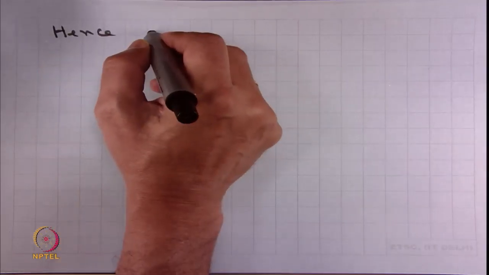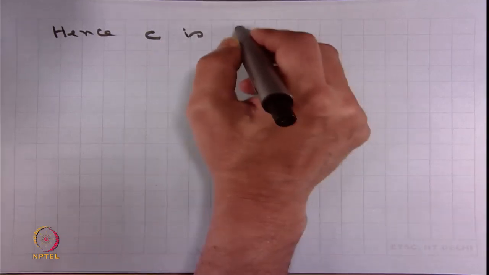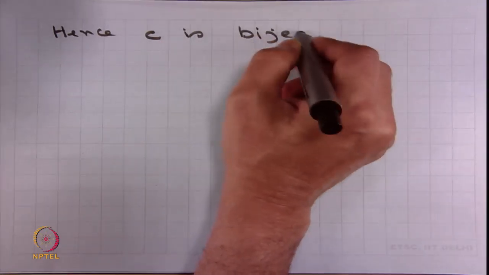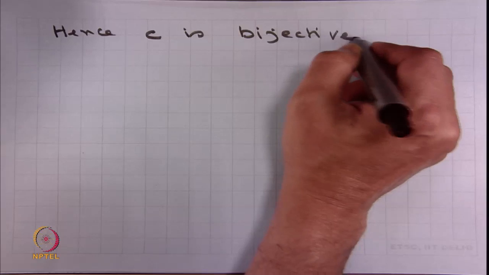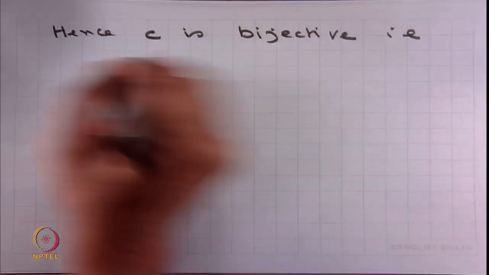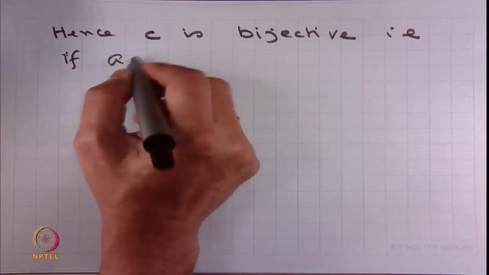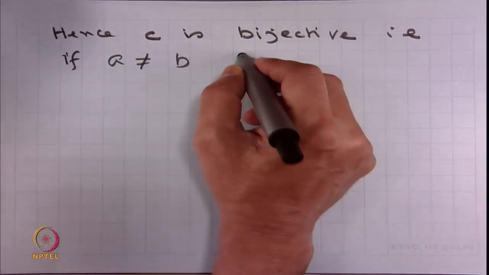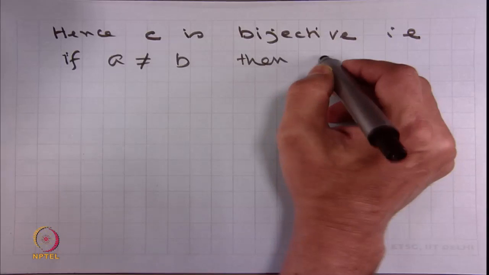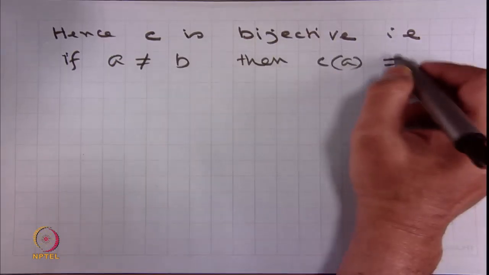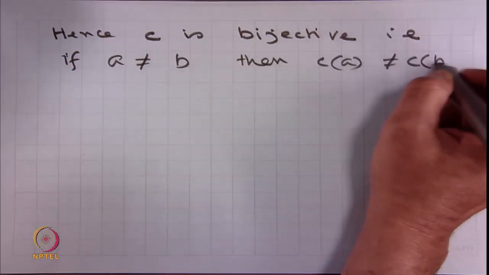Hence, C is bijective, that is, if A is not equal to B, then C of A is not equal to C of B.